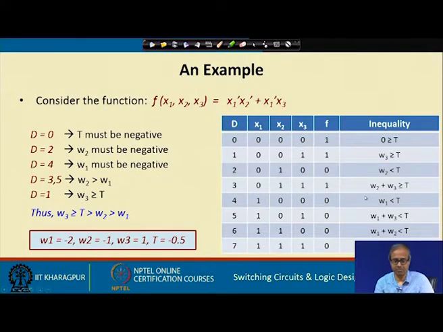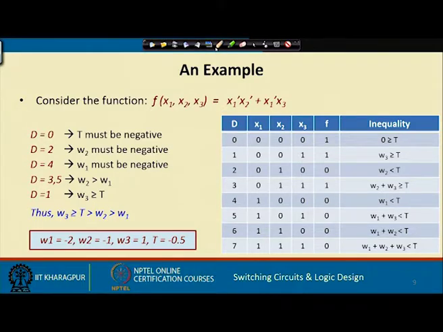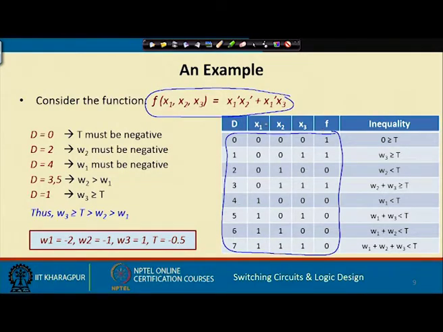Let us take an example to work this out. We consider this function, and for this function we have constructed the truth table. We are showing the inputs x1, x2, x3, the output f, and also the decimal equivalent of the inputs 0, 1, 2, 3, 4, 5, 6, 7.